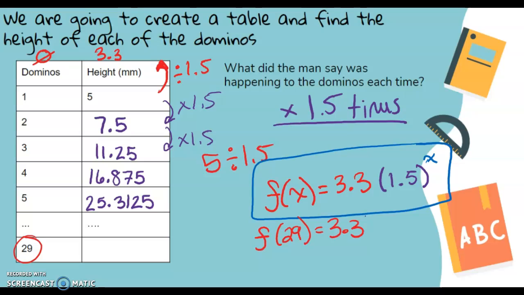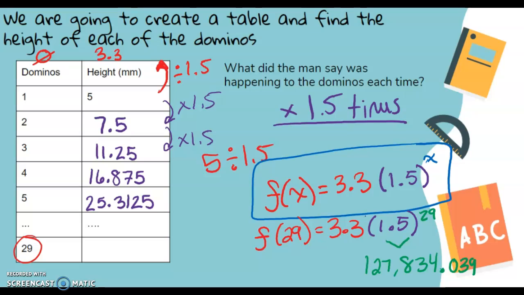Now if I use this, I can plug in my 29 and put 1.5 to the power of 29. I'm going to do this off to the side for you so that you don't need to. If you plug 1.5 to the power of 29 into your calculator, you get 127,834.039.